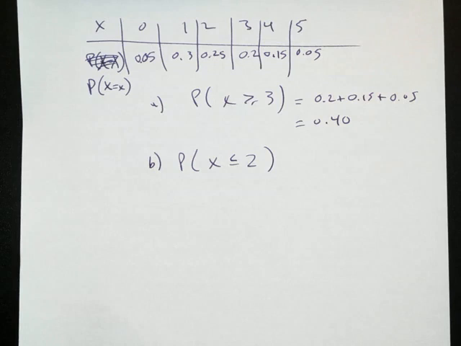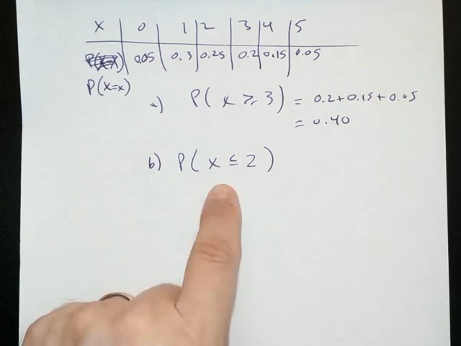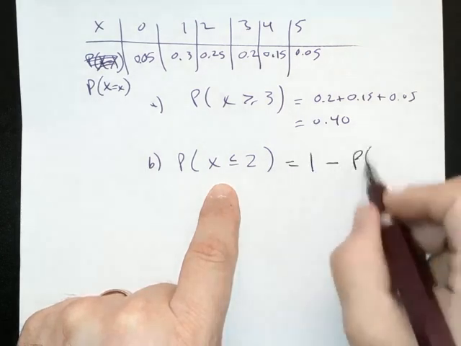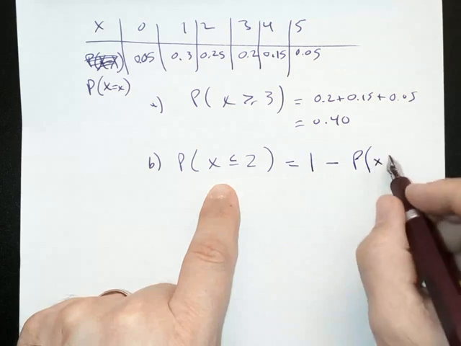Well, first way I did it was you could take the 0, the 1, or the 2 and add them up, right? But you know it's either 2 or less, or it's not 2 or less. Not 2 or less is 3 or more. There's a set term, there's a probability term, that's a complement, right? And we said the chance of something's happening is 1 minus the chance of it not happening.